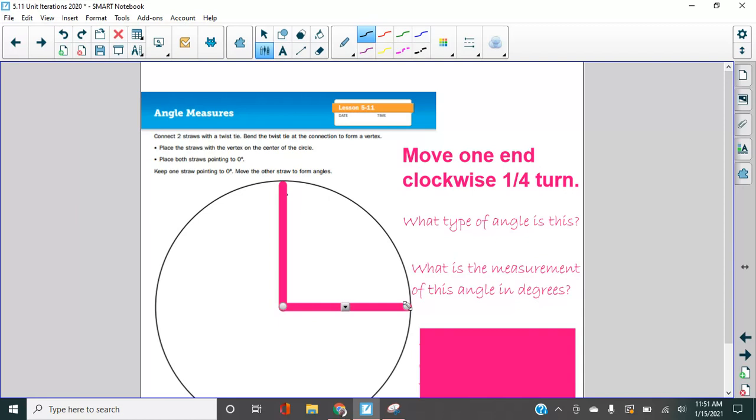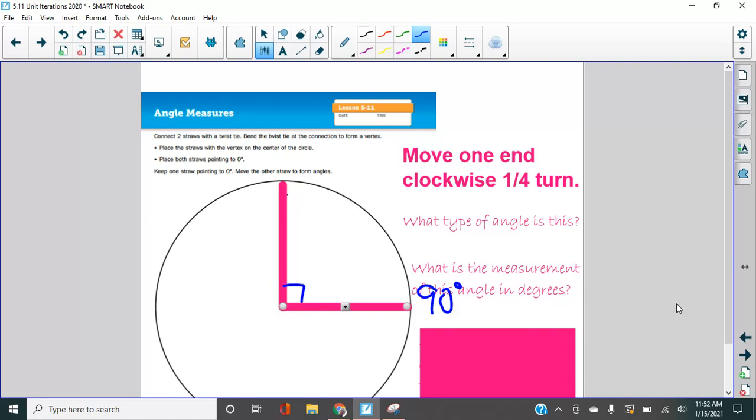What kind of angle did we just make? This is a right angle. You can see that square corner. We're going to label the degrees in your math journal. Write right over here at this point, 90, and then the little degree symbol, a little 0 like that. Write that down in your math journal.